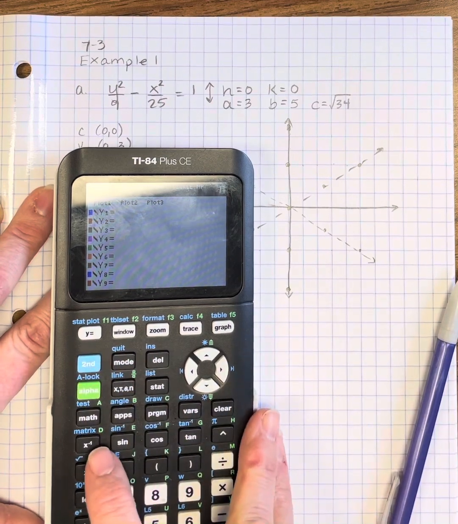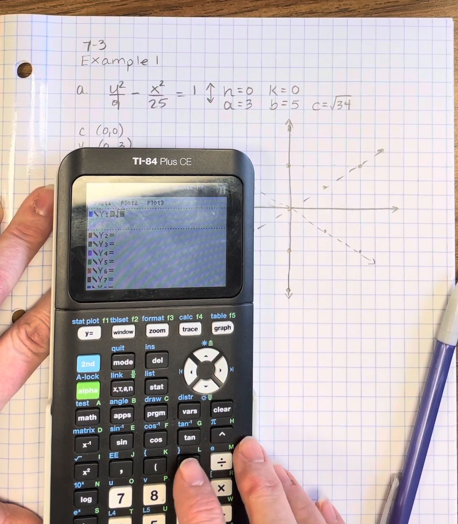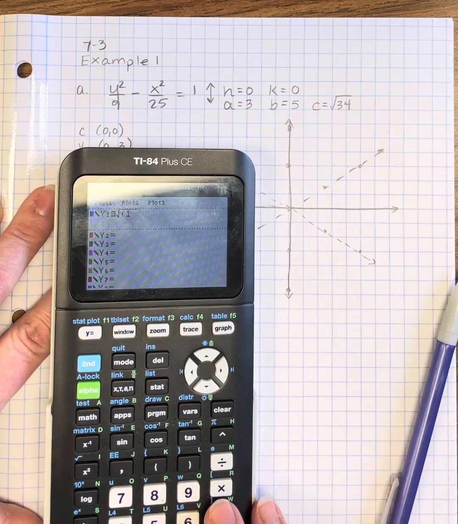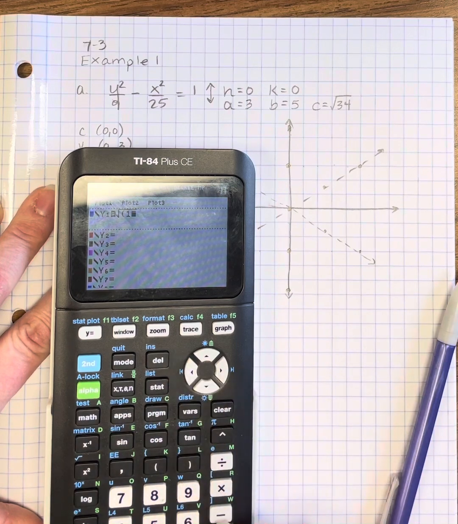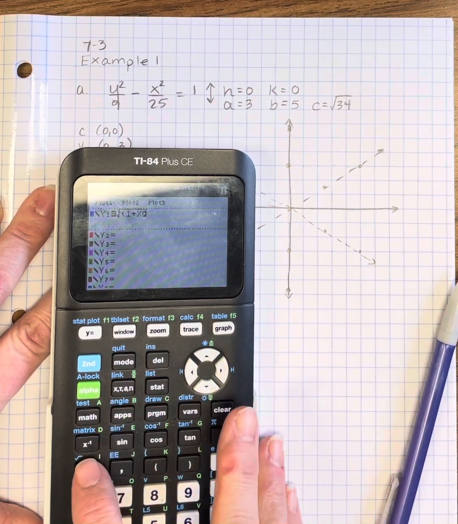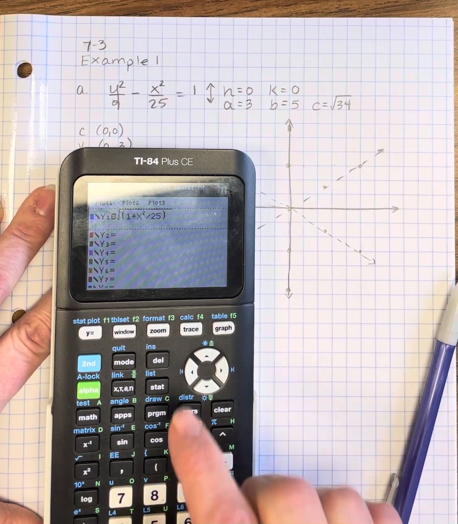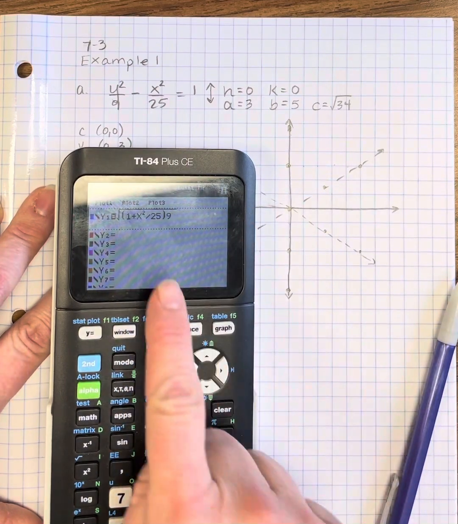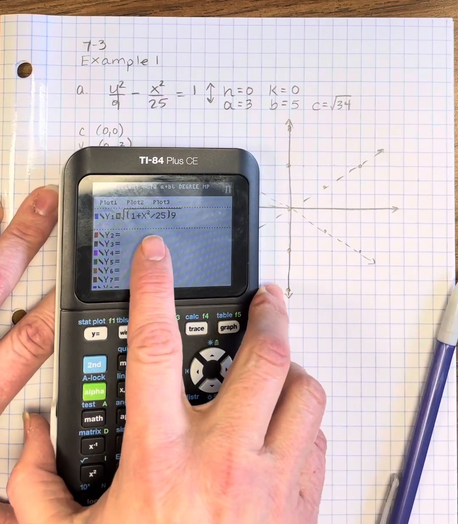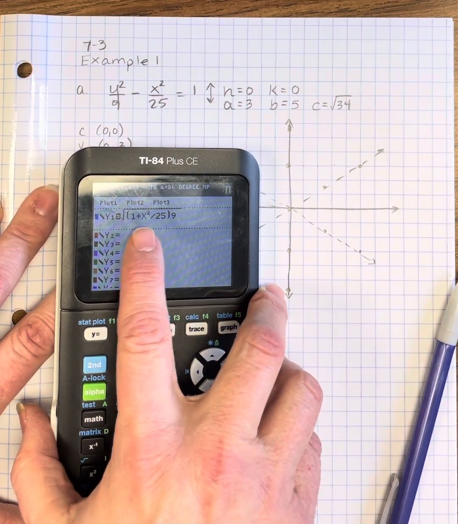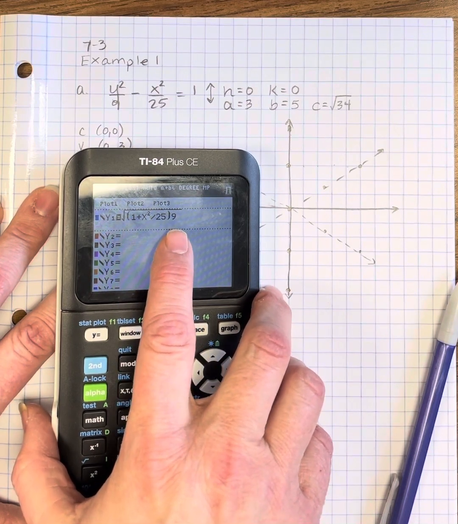So I'm going to have the square root of 1 plus x squared divided by 25, and then times 9. Now notice this is all on the inside, and I still have parentheses around that part because all of it has to get multiplied by 9.